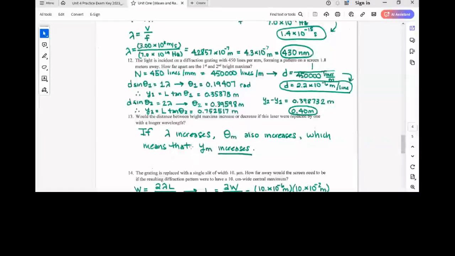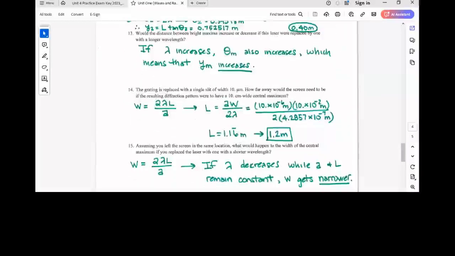What you'll find is that increasing lambda increases theta m. So that means that the spacing between the first and second bright maxima for the new wavelength would be wider. So ym increases. That means delta y would increase.